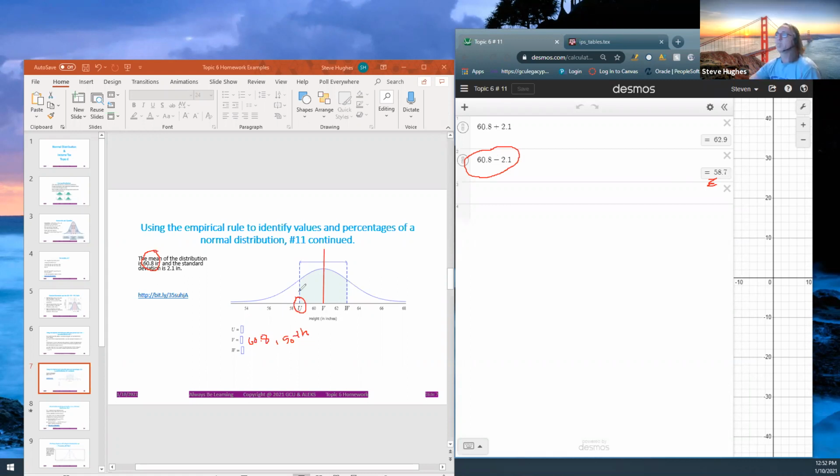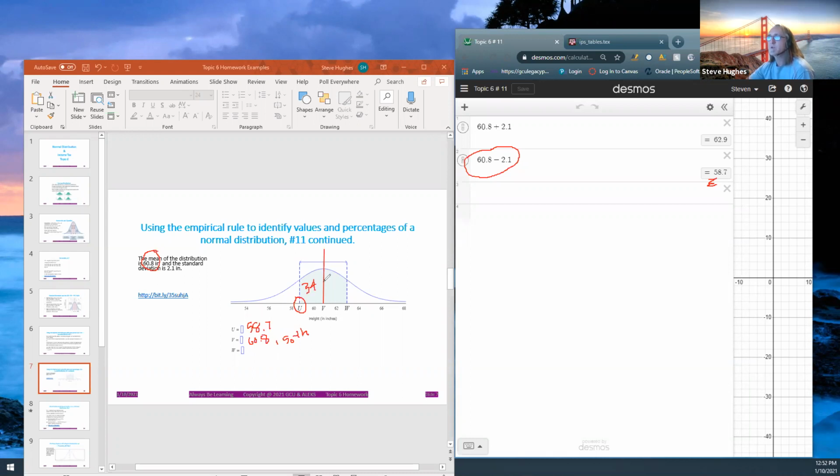All right. So U is 58.7. Now, somebody's going to say, well, what percentile is that? Well, it's 1 standard deviation below the mean. Remember we said just a moment ago that the percentage between -1 standard deviation and the mean is 34%.